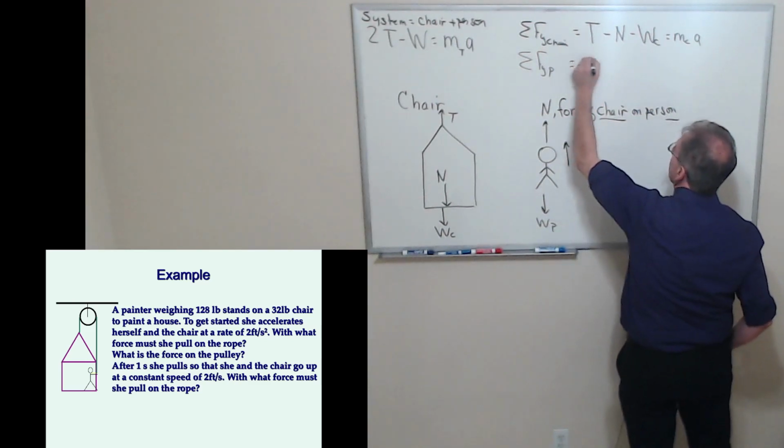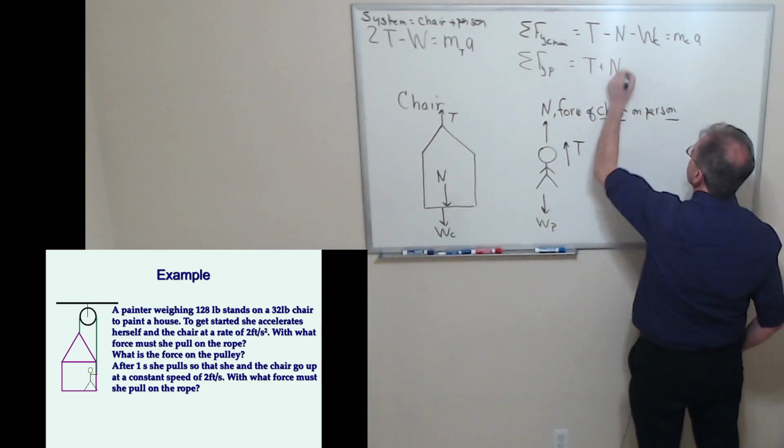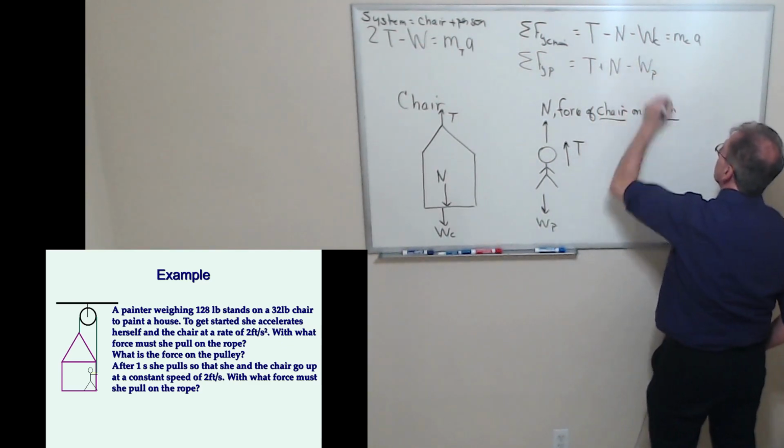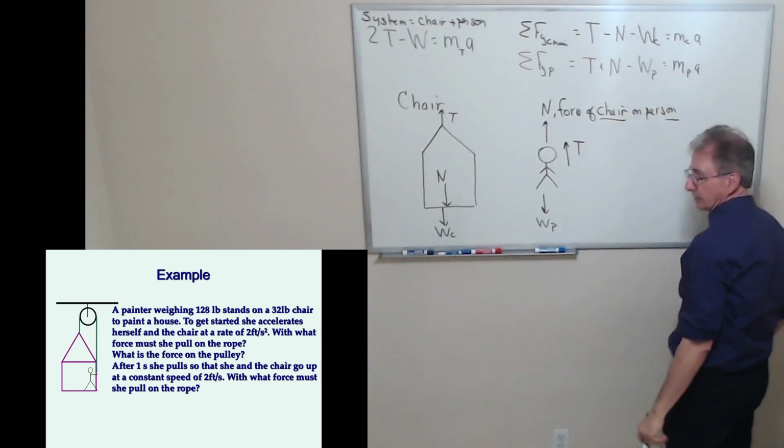We have T pointing up, we have N pointing up, we have the weight of the person pointing down, and then the mass of the person times A. They're going to have the same acceleration.